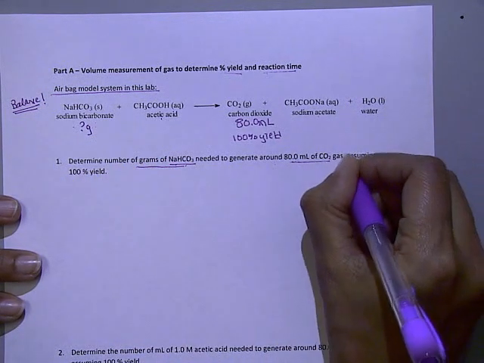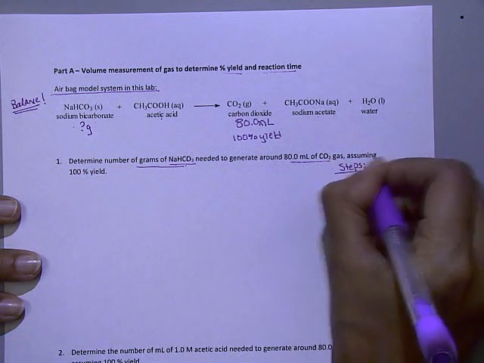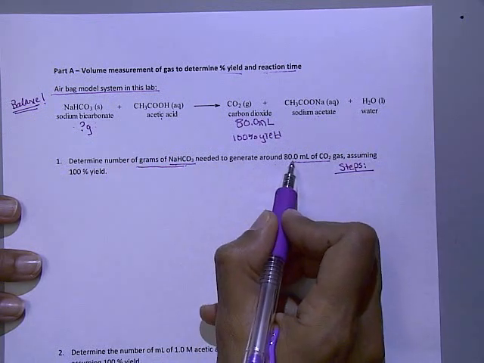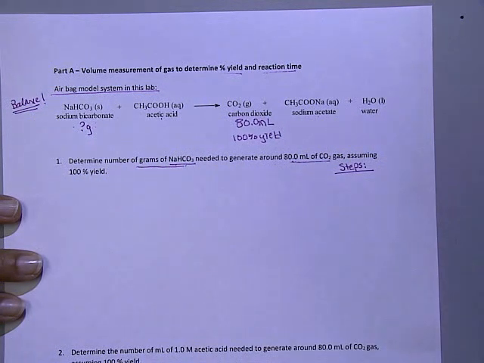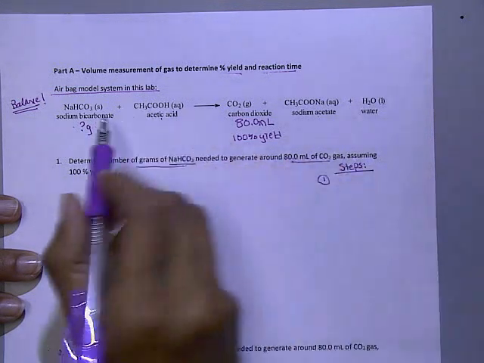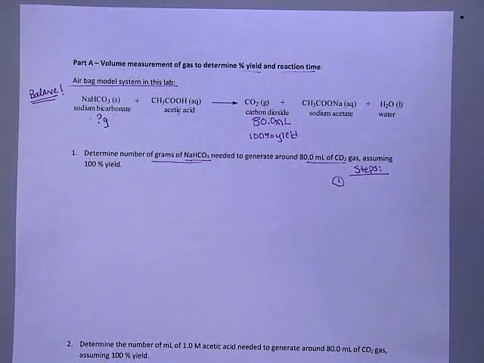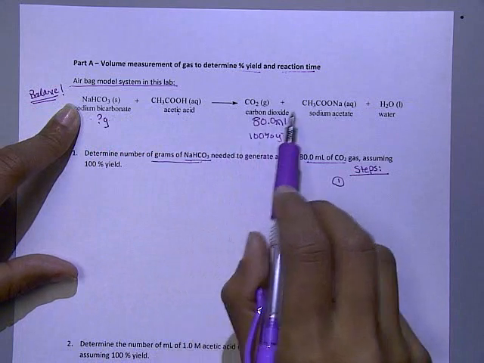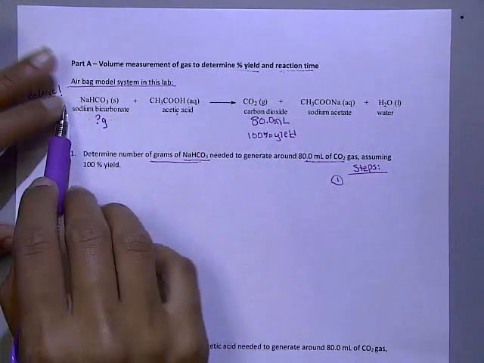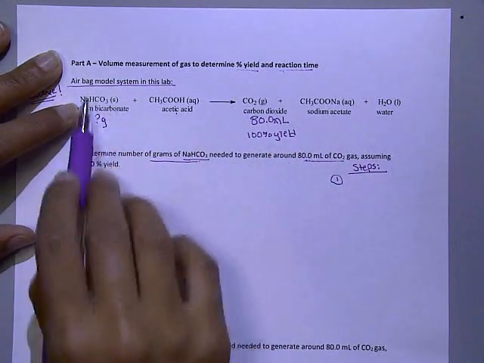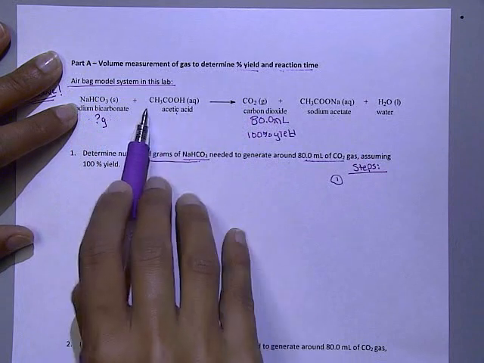Let's think about these steps on the side here. Well, I'm given 80 milliliters of CO2 gas. Whenever I'm given a chemical equation, what we went over in the last chapter, chapter 9, is that your coefficients give you that constant relationship between one substance and another substance.